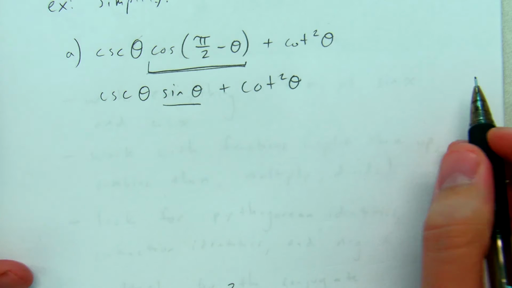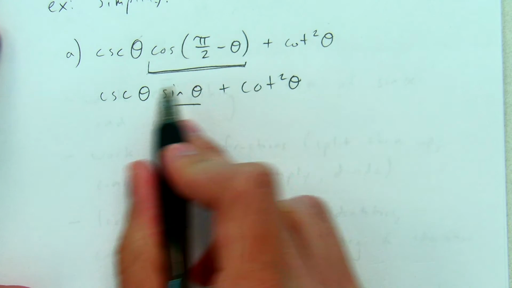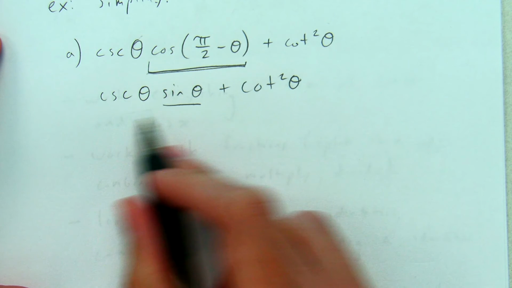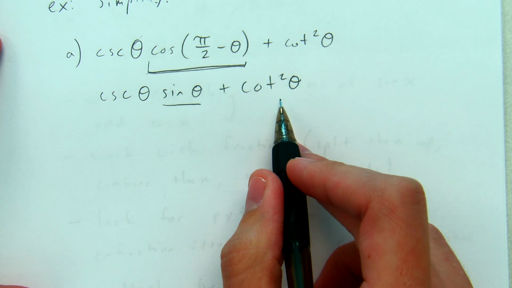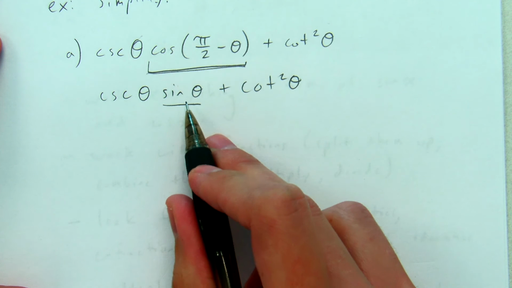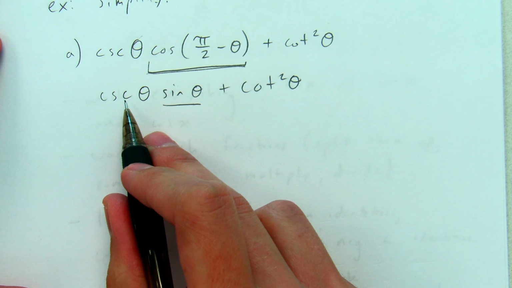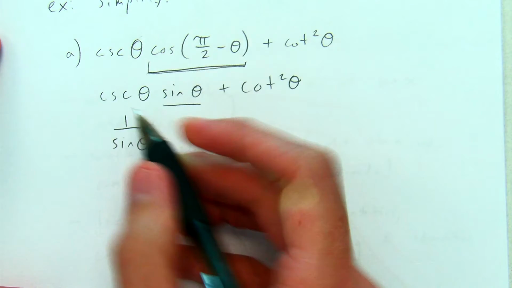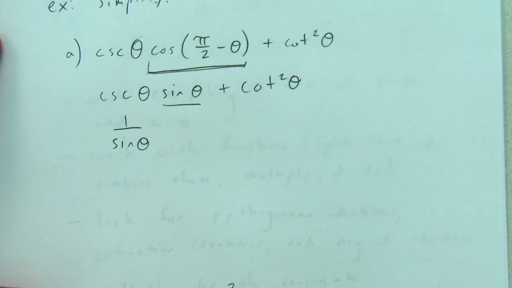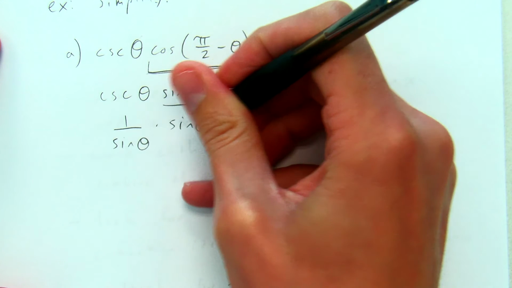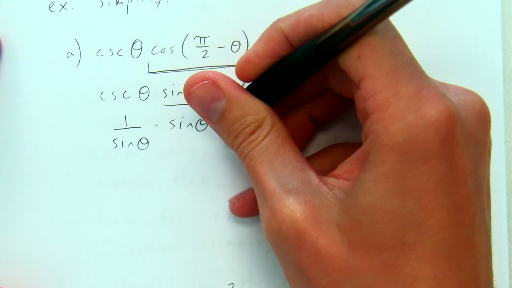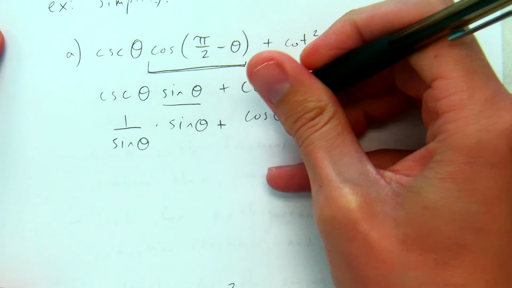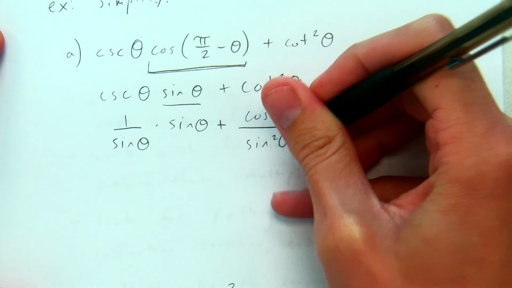The next thing I want to do is see if there's any canceling or simplifying that can be done here. And to do that, I'm going to rewrite everything I can in terms of sine and cosine. Now, sine is already in terms of sine, but cosecant is the reciprocal of sine, so I can rewrite it as 1 over sine theta. Remember, 1 over sine is the same as cosecant, times sine theta, which was already there, plus cotangent squared theta is the same as cosine squared theta over sine squared theta.